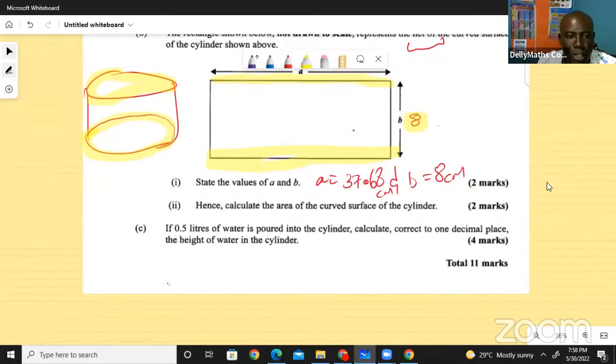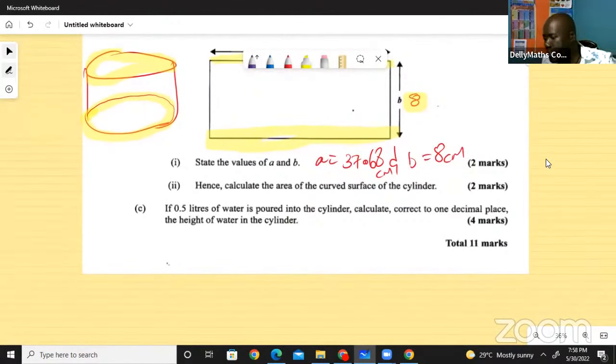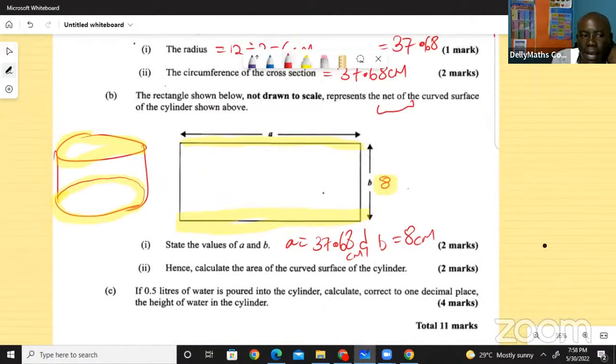All right. Now, let's look at what else they want. They said, hence, calculate the area of the curved surface. So if I know that A is 37.68 and B is 8, the area of this is length times width, which is equal to 37.68 times 8.